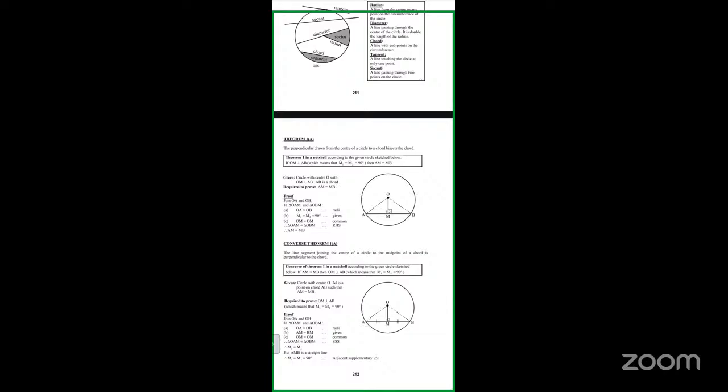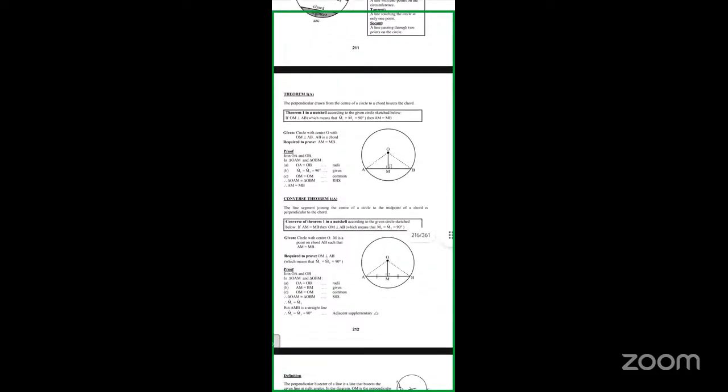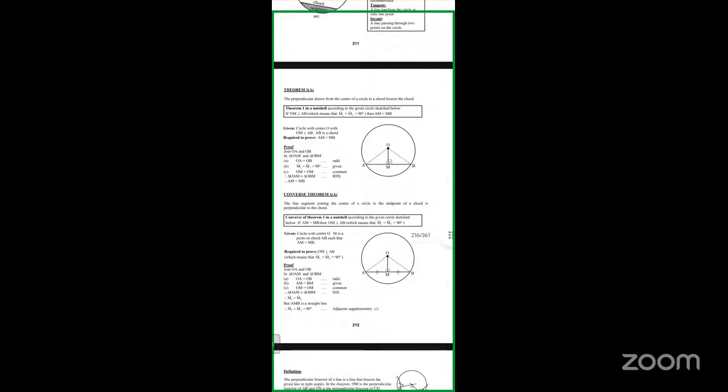The mark for the reasoning is the mark for the statement. So if we just write in the statement without the reason, we're not going to get full marks. Then that theorem 1 also has the converse. Sometimes you can be given that AM is equal to MB, then if that's the case, you know that the converse is that OM is going to be perpendicular to AB. That's what theorem 1 says.